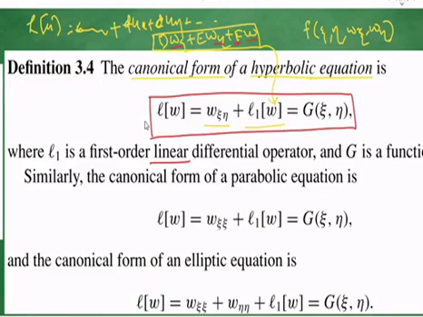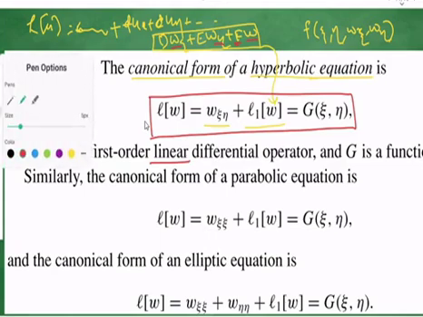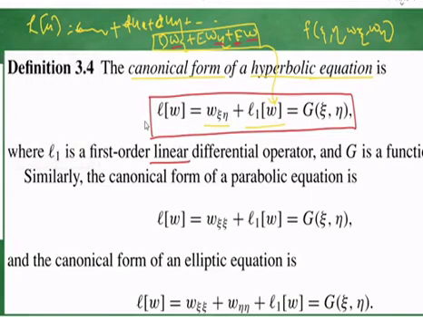Now we move on to the canonical form of parabolic equations. The canonical form of the parabolic equation is LW equal to W theta theta plus L1W, where again L1W is the same as in the case of the hyperbolic equation, a first order linear differential operator.